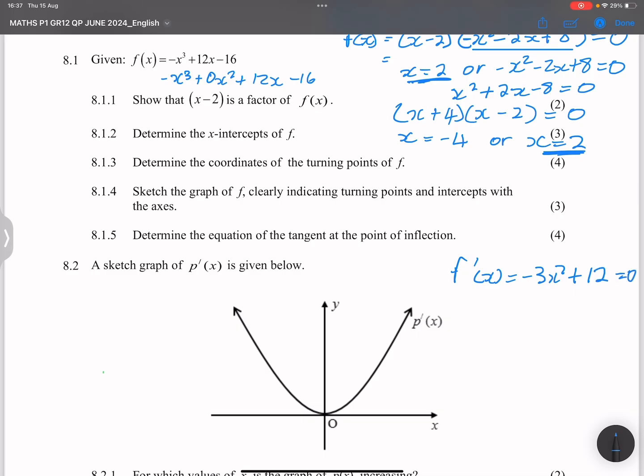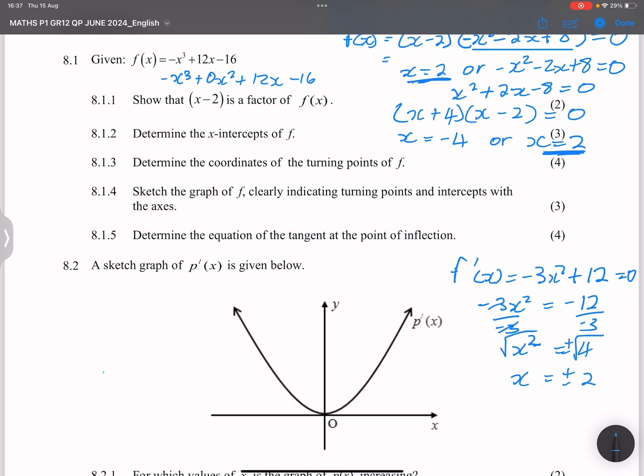And so minus 3x squared is equal to negative 12. If I divide by negative 3 on either side, x squared is equal to 4. And so x is equal to plus or minus 2 if we take the square root on either side.